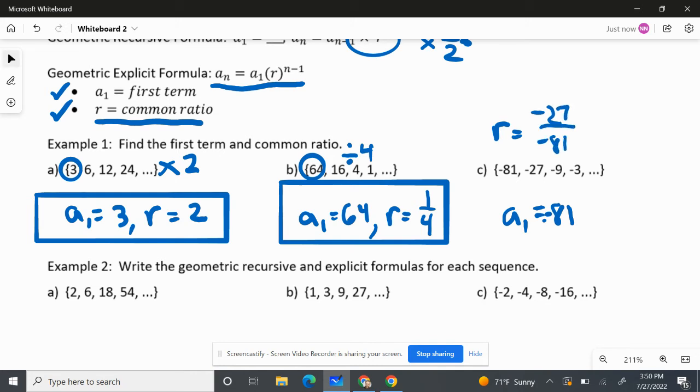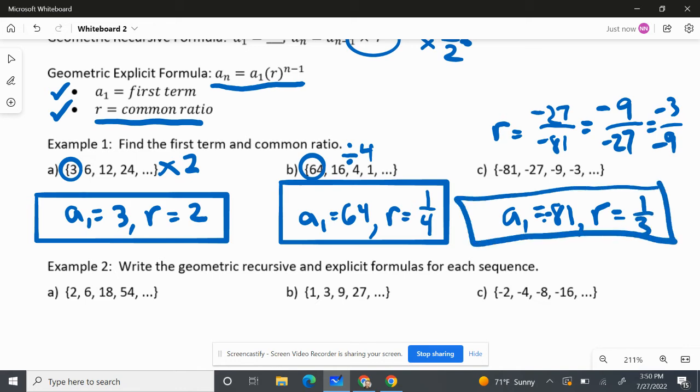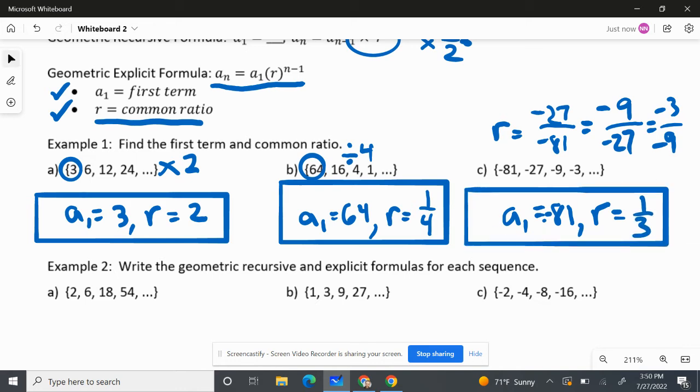Or you could take the third term and divide it by the second term. Or you could take the fourth term and divide it by the third term. In all of those cases, you notice that your common ratio is 1/3.